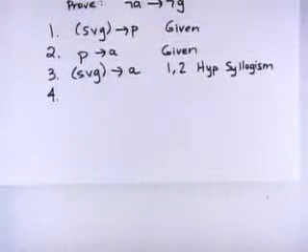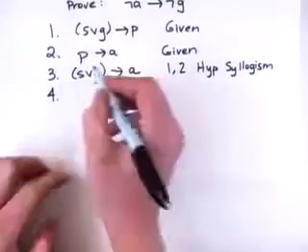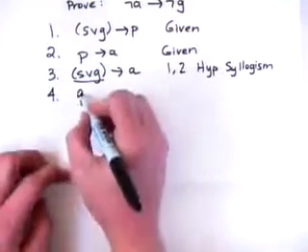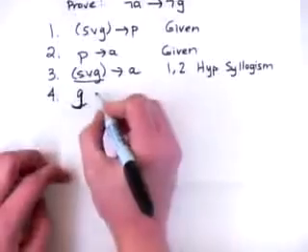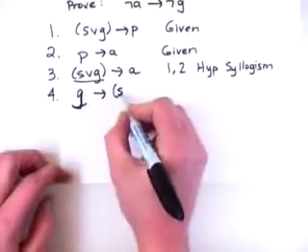Now I've already used lines 1 and 2, and I still have to get rid of an S. We did a trick before where we used addition, when we had an or, where we'd really like to have just one of the single variables. And we really like the G, right? So if we know G is true, then we know S or G can be true.